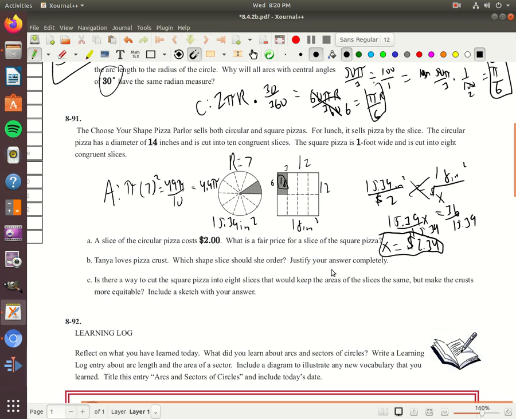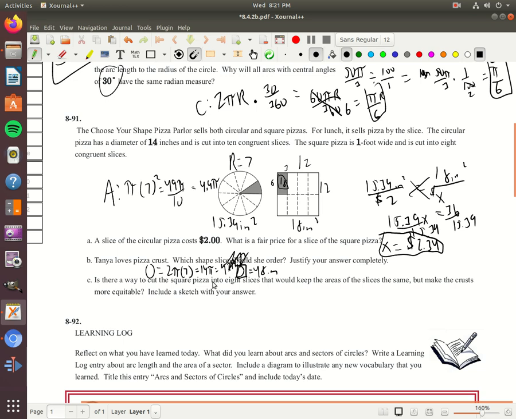All right, so Tanya loves pizza crust. Which shape should she order? All right, well, this one obviously has 12, 24, 36, 48 inches of crust for the square. What about the circle? Well, we know it's 2 pi r, right? So it's 14 pi, and 14 times pi is going to equal 43.99 inches.